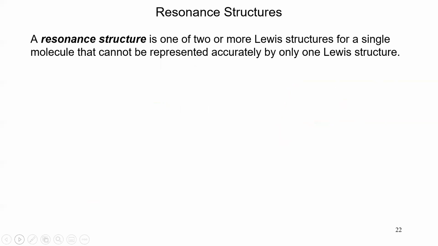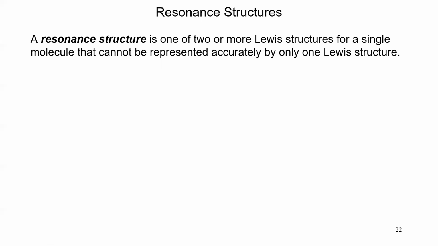Okay. All right. So now that we've talked about formal charge and how that's one way for us to determine whether or not a molecule is reasonable in the Lewis structure that we've assigned it, we need to talk about resonance. Resonance is when there are multiple Lewis structures that have the same formal charge distribution.